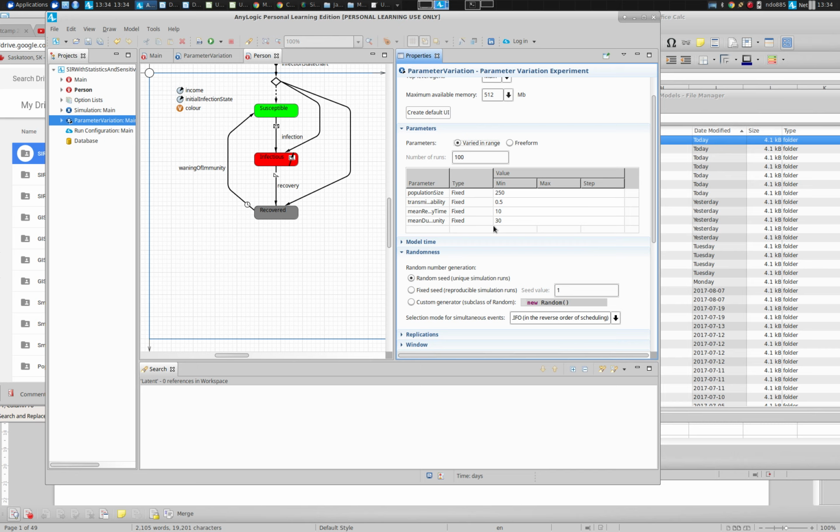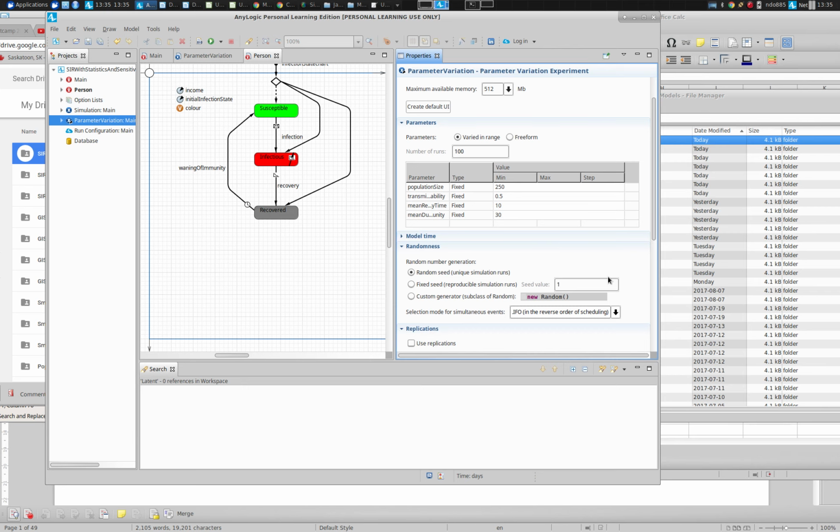Don't I also want to run multiple realizations per set of parameter values, per vector of parameter values, to capture the effects of stochastics on top of that? And sometimes we do. Sometimes that's something we do want to do. We don't want to just run each combination of parameters once. We want to run it 10 times, 100 times.